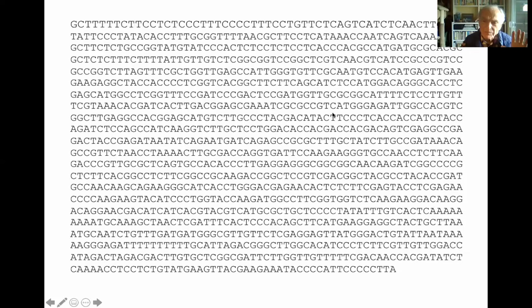Hey, Barry? Yes. Who came up with those 4 letters? Why did they decide on A, C, T, and G? Okay, it's because the names of these molecules are adenine, cytosine, thymine, and guanine. So it's kind of straightforward from the chemistry of what makes them up.